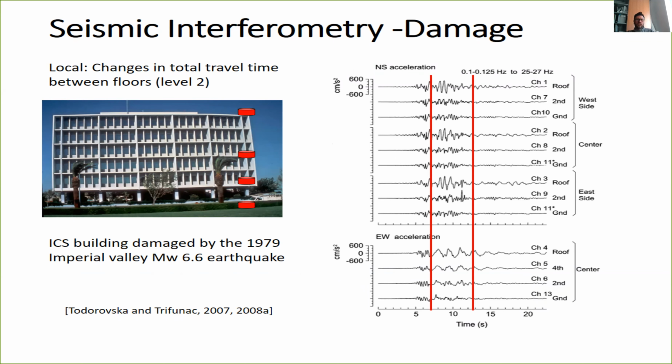If you want to see local changes, this is an example of recordings at different levels in a structure. This was a building, the ICS, that was damaged by the Imperial Valley earthquake of 1979. One can check the changes in the characteristics of the recordings through the different floors.